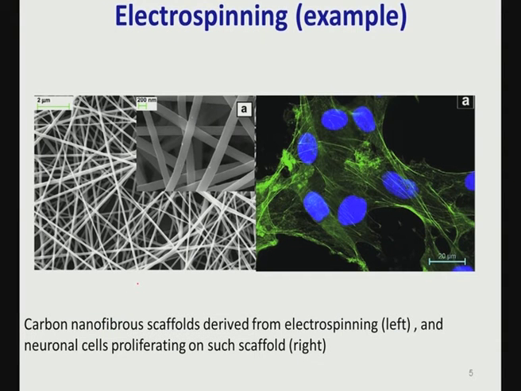These are some examples of electrospun scaffolds. This is again from our own research. This is a carbon nanofiber scaffold, and what you see on the right-hand side are some neural cells which have proliferated on the scaffold. The blue stained region is the DAPI stained nucleus of the live cells, and the green stained region is the actin.